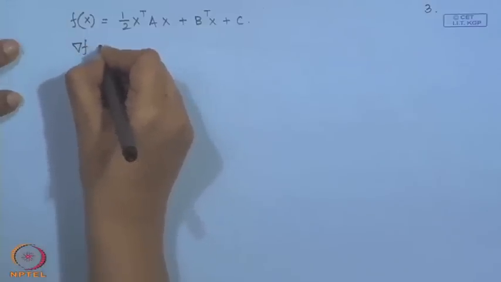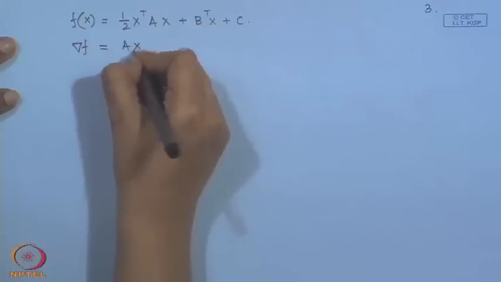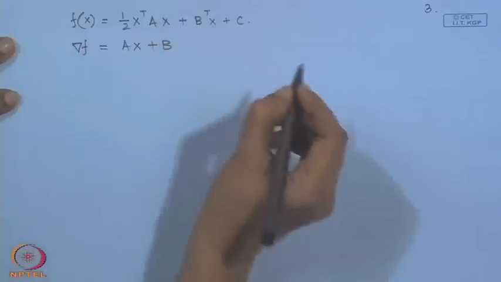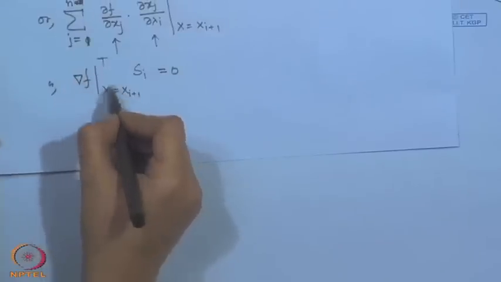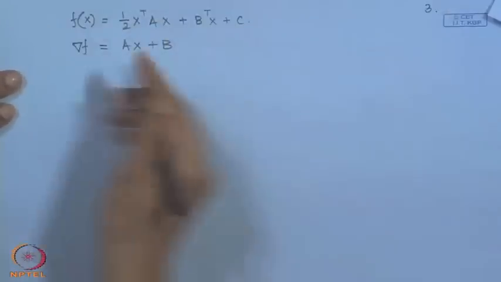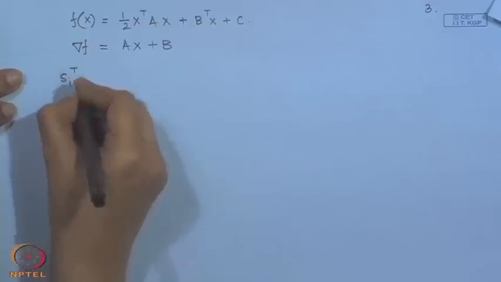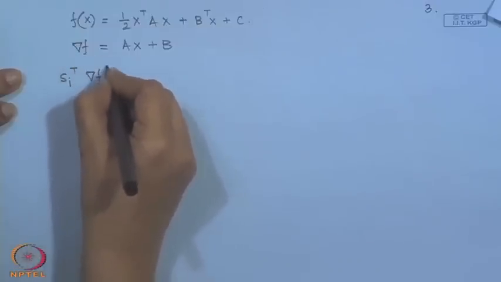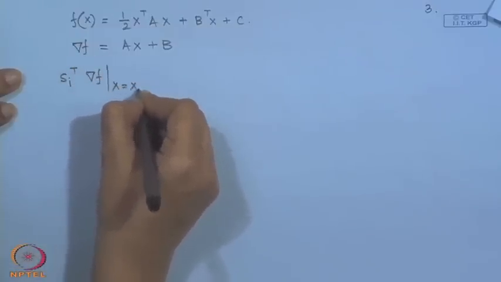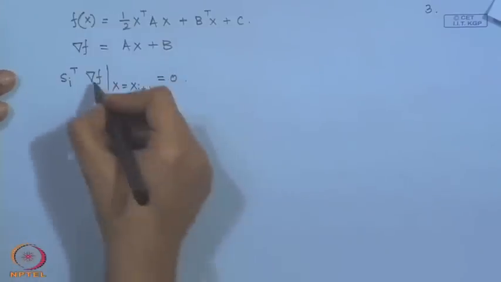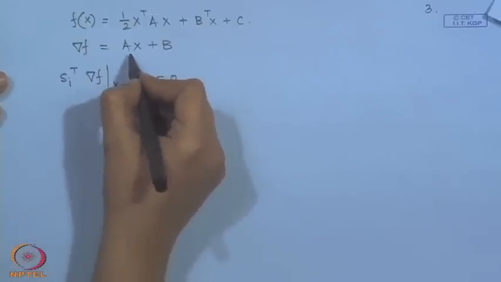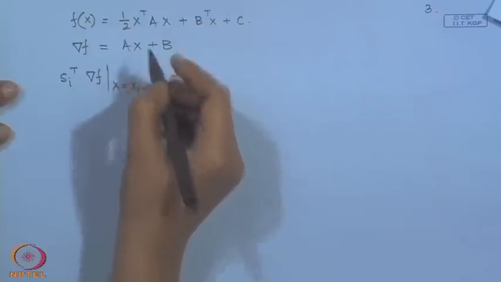Now, what is grad f? Grad f would be equal to Ax plus b. Now, whatever function we got previously, let me take the transpose of it, then we get si transpose grad f at x equal to xi+1 equal to 0. Grad f at x equal to xi+1 means in place of x we will put xi+1.